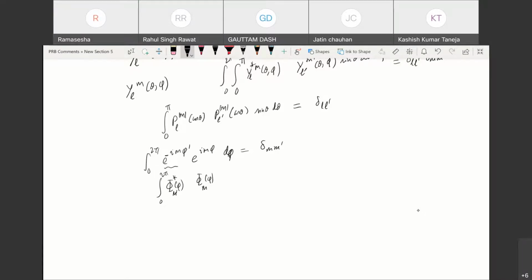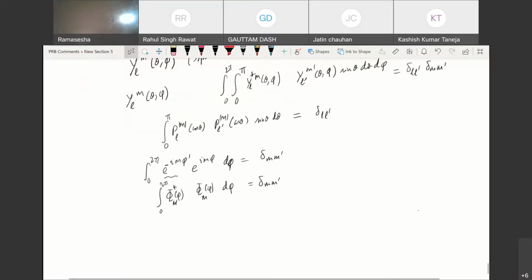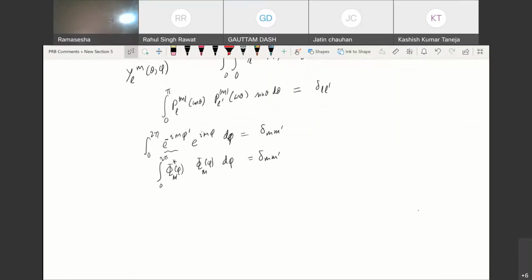And in fact, this is the solution of the hydrogenic problem. Okay. I have done quite a bit of spherical harmonics.